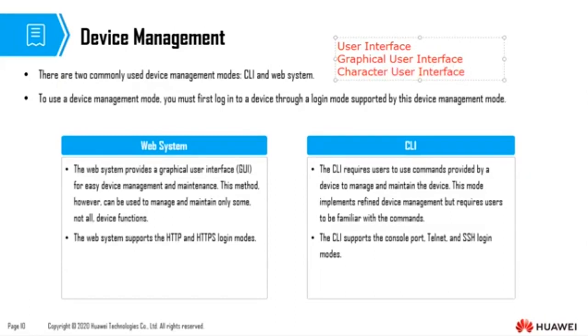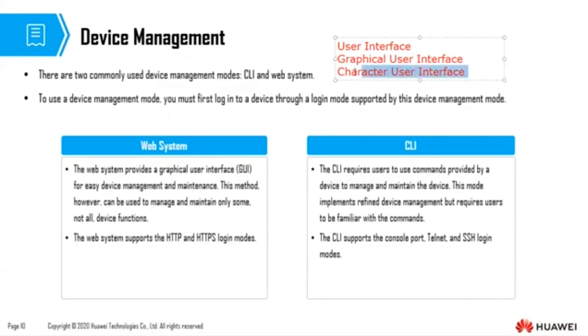So it can be a GUI or a CUI. Graphical user interface means you are using, most of the time, a mouse and a keyboard to click on certain icons in order to perform certain operations on your computer. That is what we call a graphical user interface, like what you're using right now. You're able to see things.